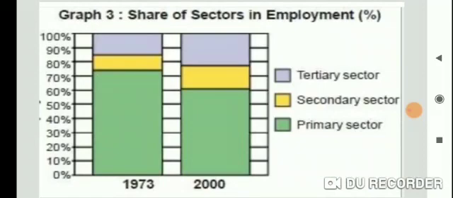Why? Because the demand for basic services like hospitals, education, institutions, post services and banks has increased.